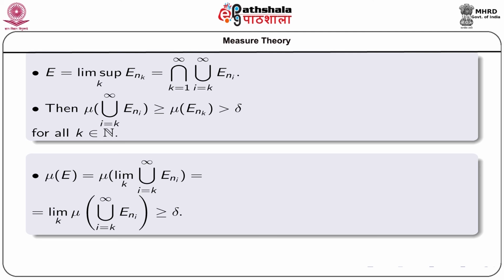So, I have a set E whose measure is greater or equal to delta, which is strictly positive.